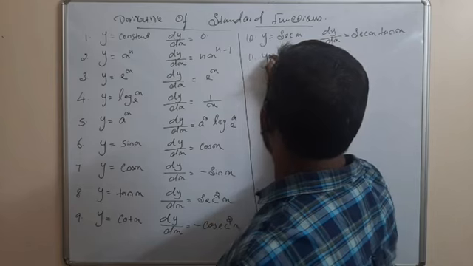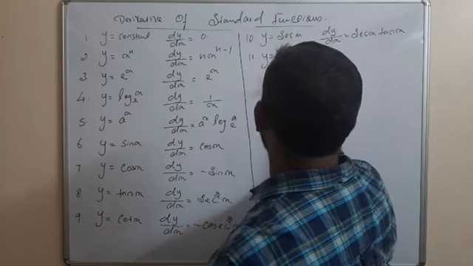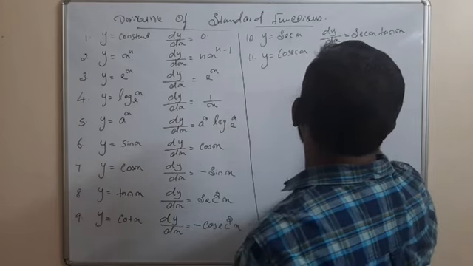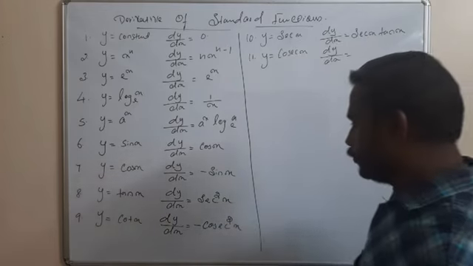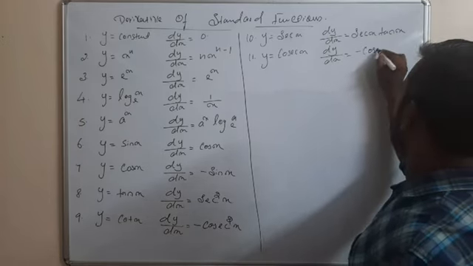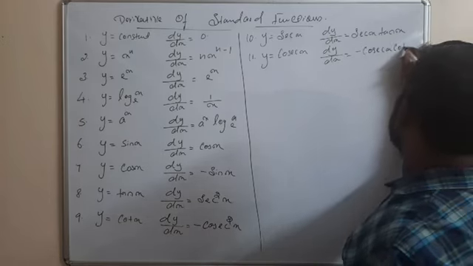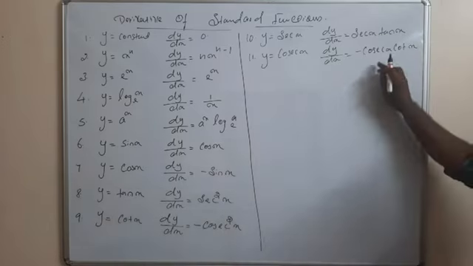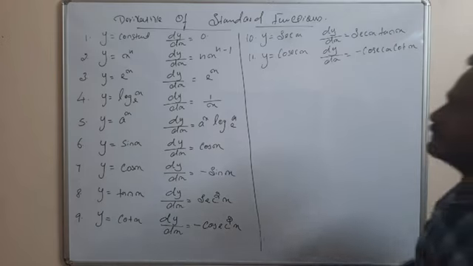11th one, y is equal to cosecant x. dy by dx equal to minus cosecant x into cot x.